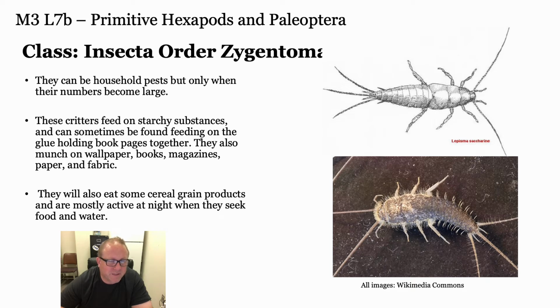They'll also eat cereal grains. They'll get in anywhere they can and chomp down on stuff. Fairly serious household pests. I mean, they're not like a roach, right? Usually not that bad. They're usually not that prolific. They can be, but they're usually not that bad.